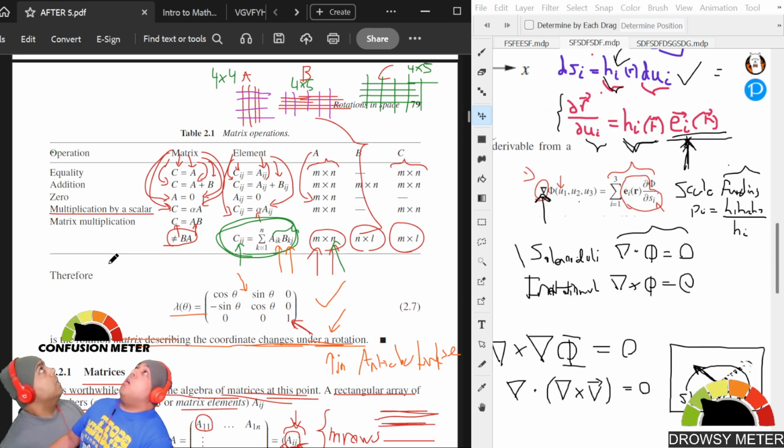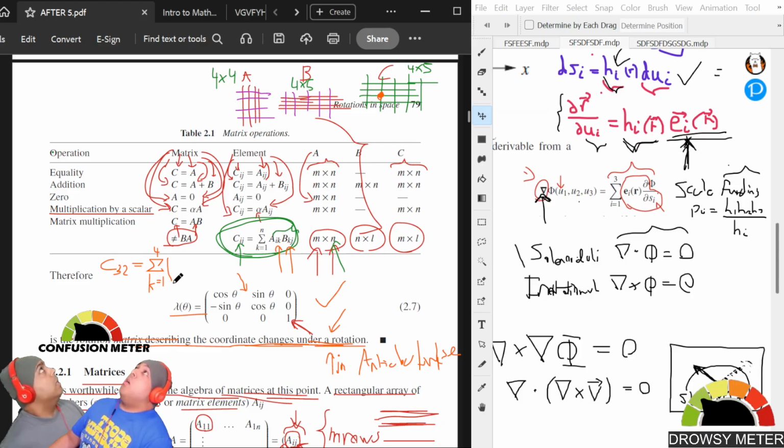Okay, so we want to find out C32, which is row 3, column 2. 1, 2, 3. This one here. To find that out, we need to sum from k equals 1 to... we need to look at A and B. A has 4 columns, so it's 1 to 4.